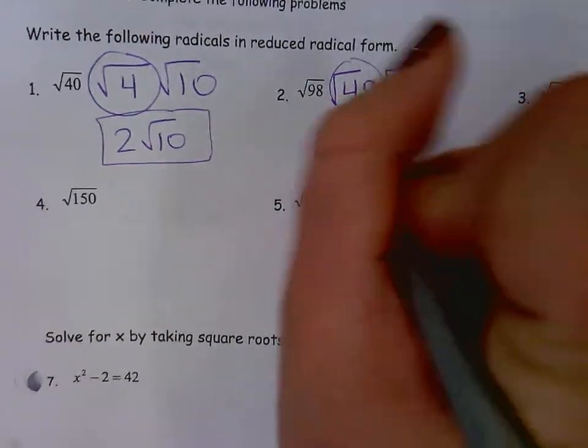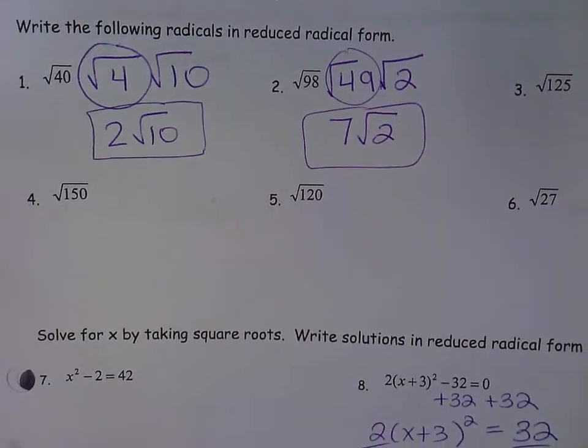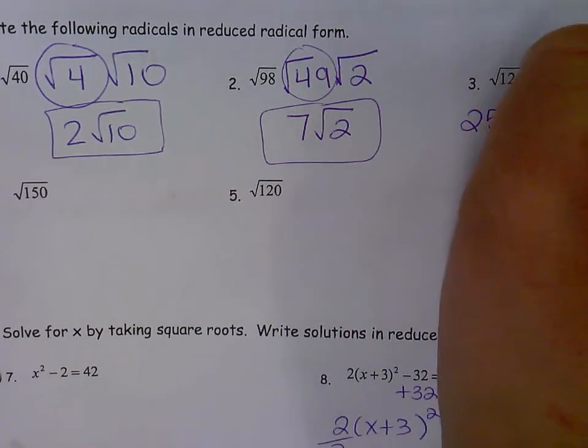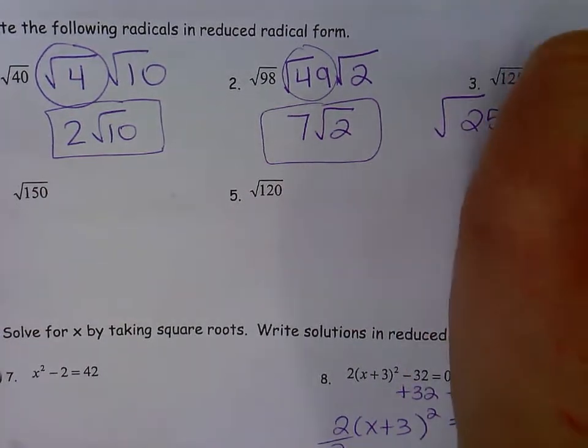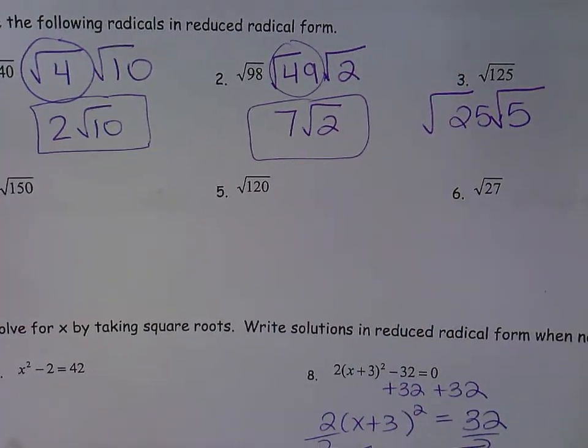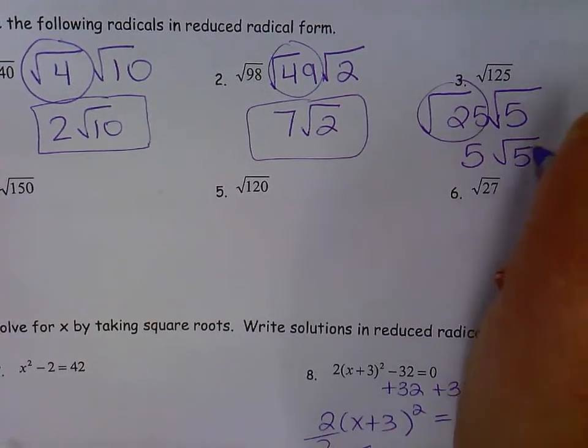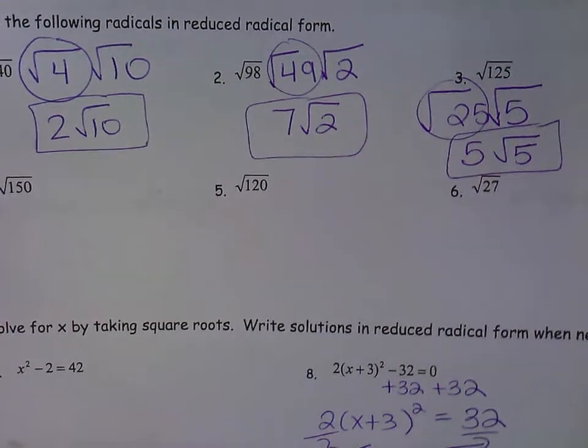And then the square root of 2 stays as the square root of 2. So 125. It's 25 times 5. And now I'm going to take the square root of 25. So the square root of 25 is 5, and the square root of 5 remains as the square root of 5.